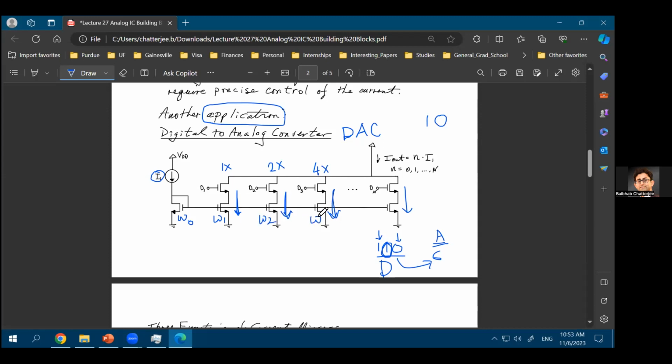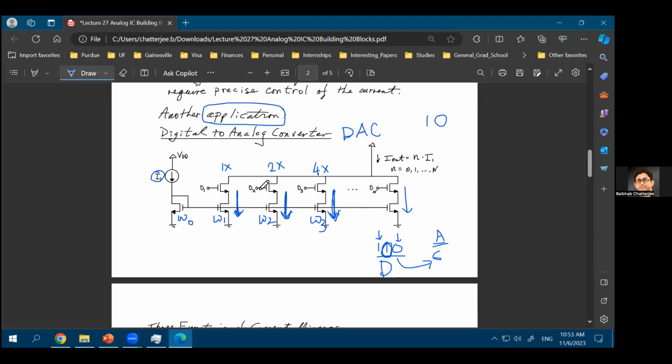Width of this is W3, and so on. So what you can choose is the ratio of W1 over W0 to be 1x, the ratio of W2 over W0 to be 2x, the ratio of W3 over W0 to be 4x, and so on. Which means that the current flowing through these branches will be 1x. Here you'll see 2x. Here the current flow will be 4x, and so on.